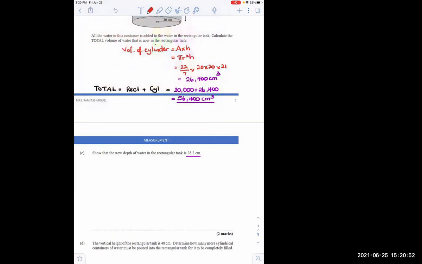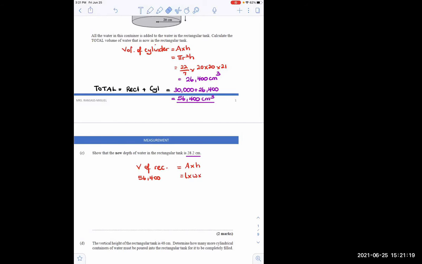So volume again of the rectangular tank is area by height, which is length by width by height. And that is 56,400. And we don't know H, right?